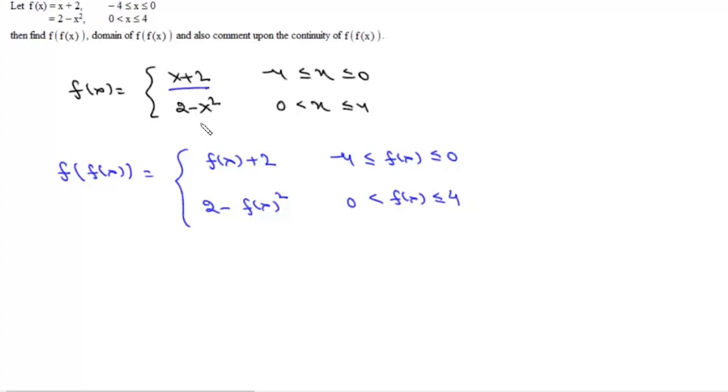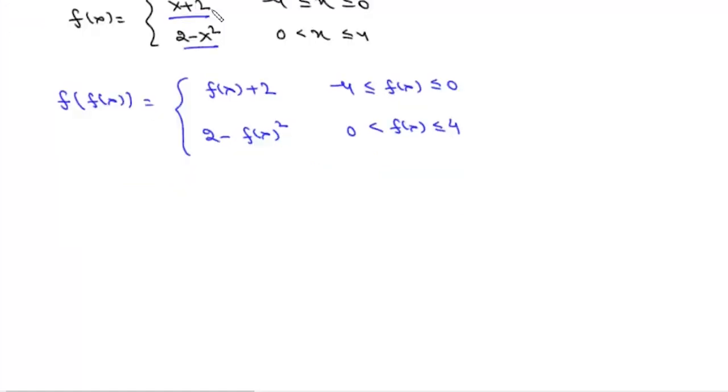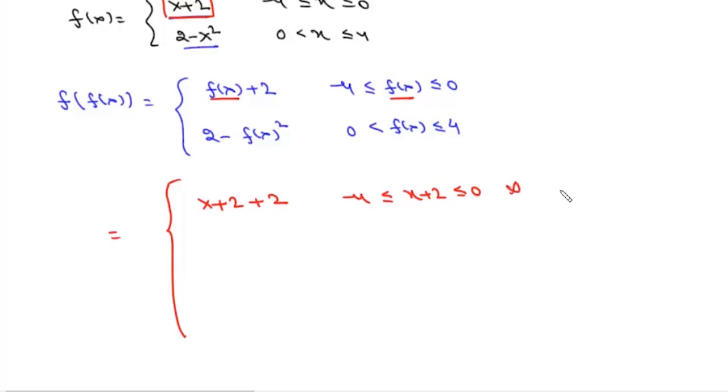Now we have two definitions of f of x. So we'll split this definition in 4 parts. Now first we'll take this x plus 2. So we'll put f of x as x plus 2 in these two. So it will be x plus 2 when x plus 2 lies between minus 4 and 0, and this condition, which is when x lies between minus 4 and 0.